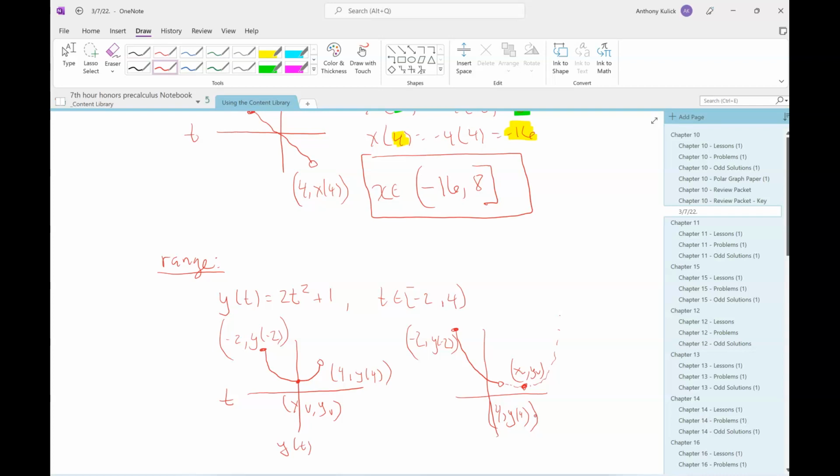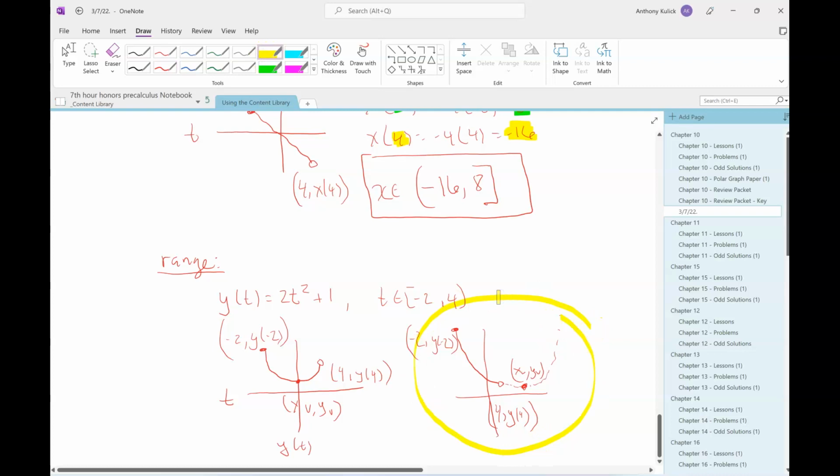Okay, so it's going to be one of these two situations, right? Either the vertex is in between the 2 points, or the vertex is outside of the 2 endpoints. Now, if it's this situation, we can just do the exact same thing we did before, right? Because the minimum and maximum are just the endpoints of our function. Do you guys agree with that?